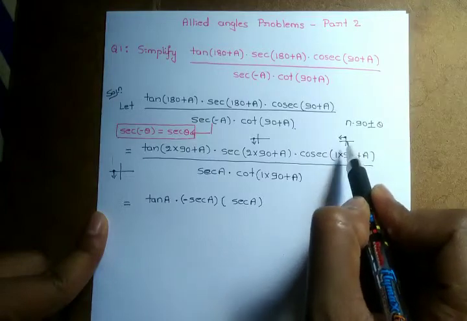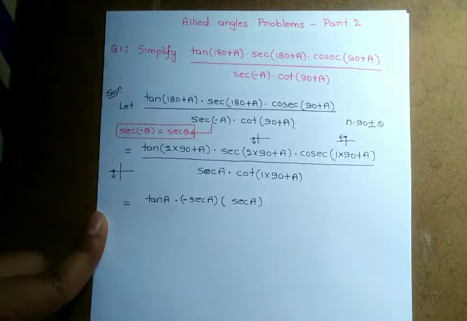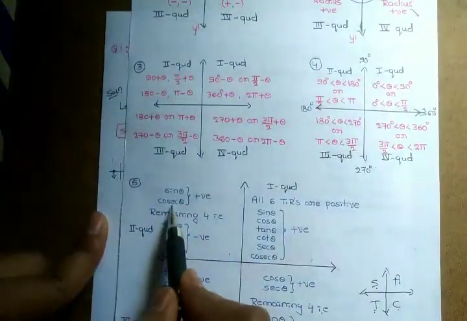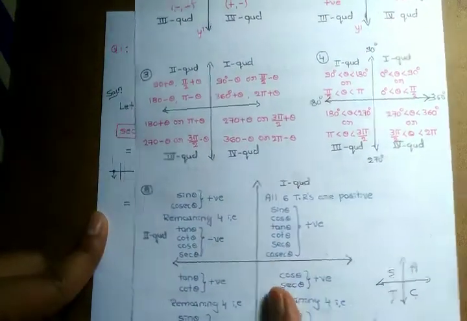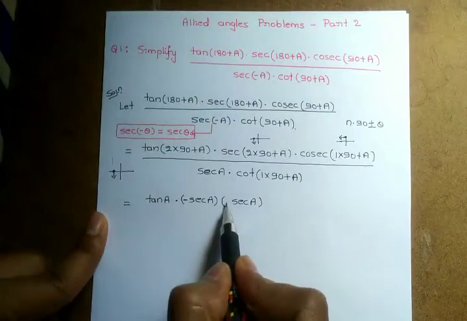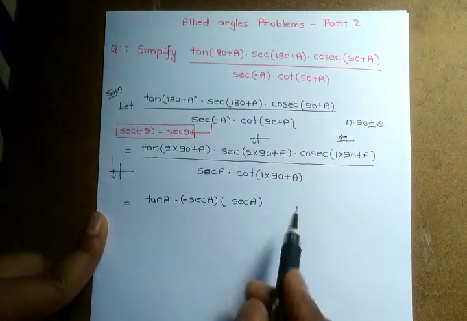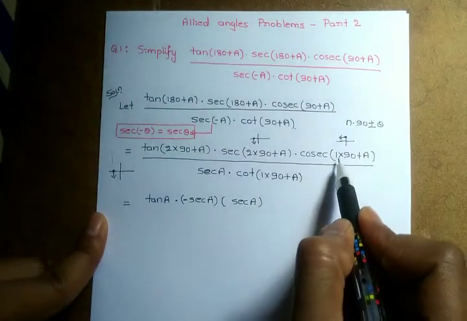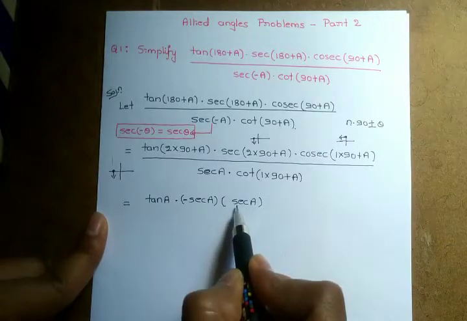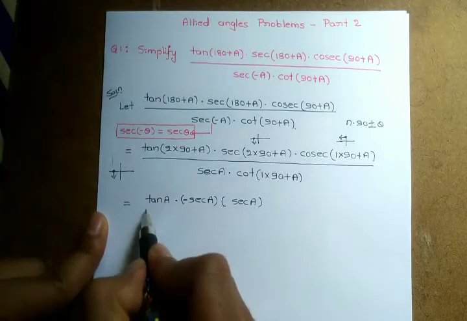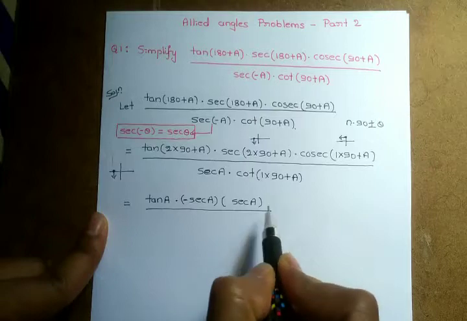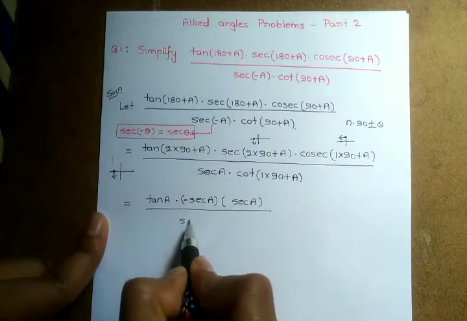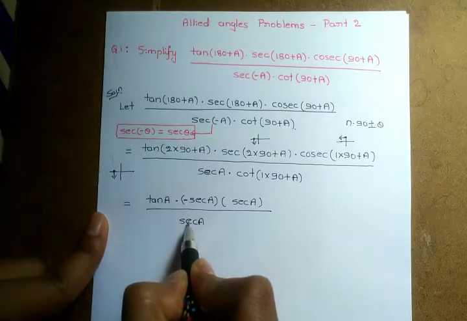Plus means second quadrant. In the second quadrant cosec is plus sign. Therefore keep it as it is, positive sign. So cosec of 1 into 90 plus a is sec a, divided by sec a, keep it as it is.